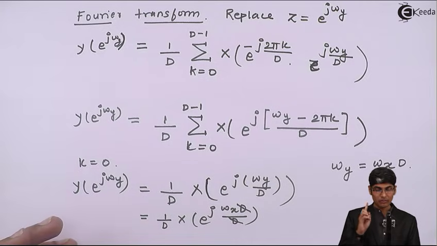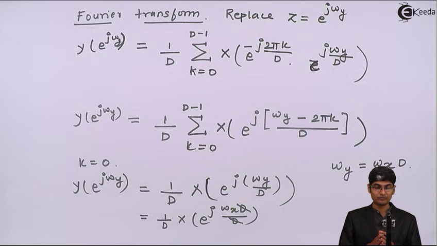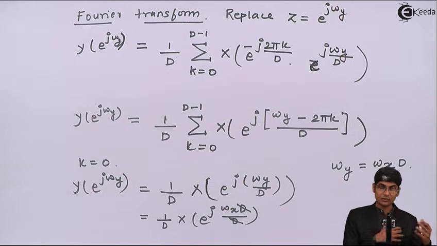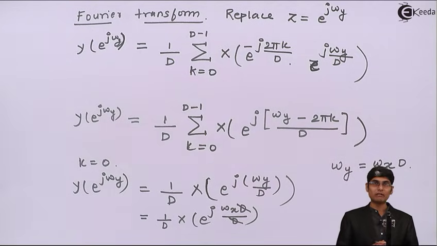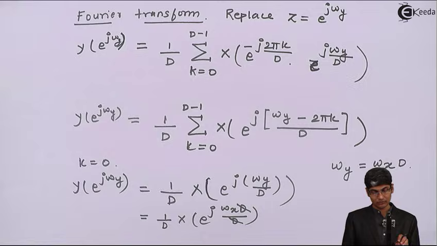So what is happening? We are having multiple spectrums of x of j omega, which are being shifted by k, and how many such shifts will occur depends on the factor of k. So that much aliasing will occur if I do such an operation.